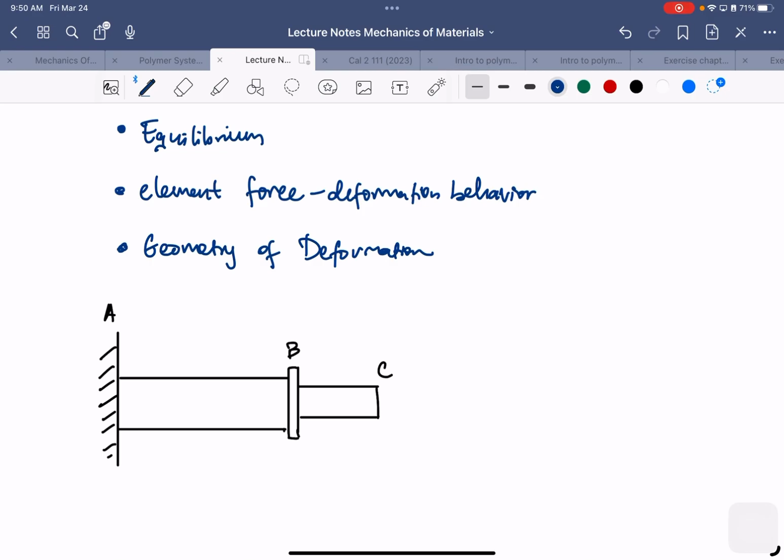Now let's say this is member 1 and member 2.